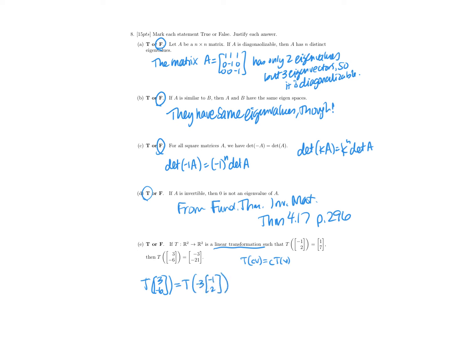So I can relate it back to what I know. Since it's a linear transformation, that -3 can pull out. And then I can compute T of (1, 2). Well, I know it's (1, 7). And then if I multiply by that constant, I get (-3, -21), which is what I was hoping to get. And so since I know that this is true and I know that it's a linear transformation, I can conclude that this is true.